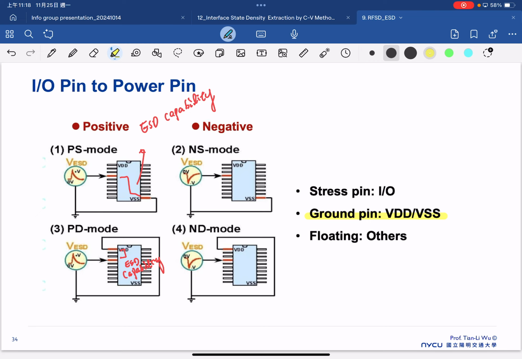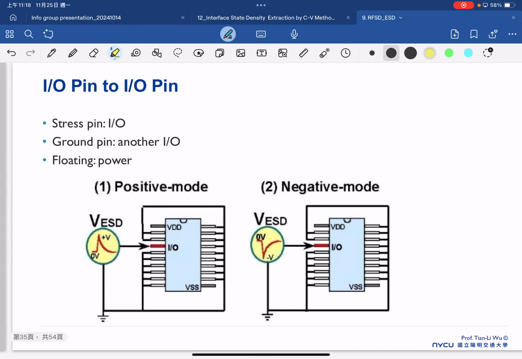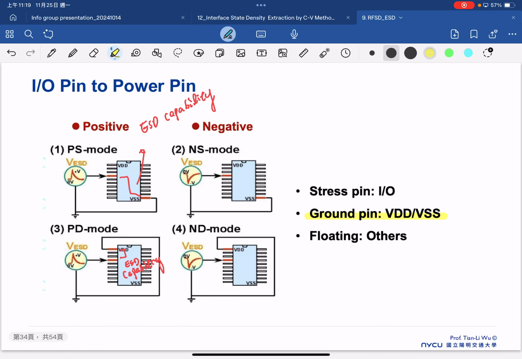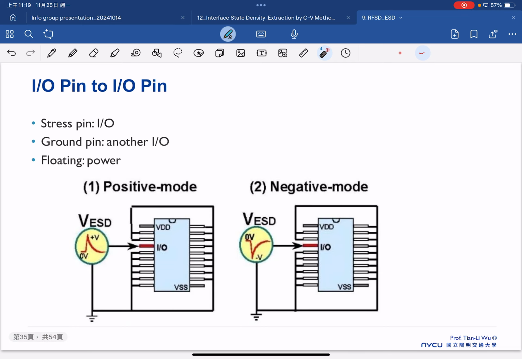So that's one scenario, but we can also consider the stress pin is an input output and the ground pin is another input output. So in here we mainly consider the ground pin is VDD or VSS, but we also need to consider the ground pin is another IO. For example, this is the ground pin, this is our stress ESD pin.